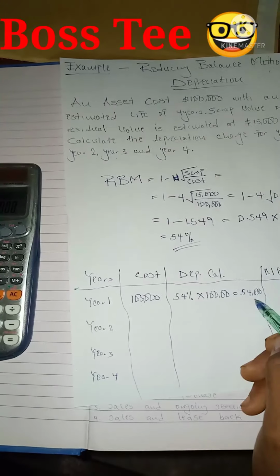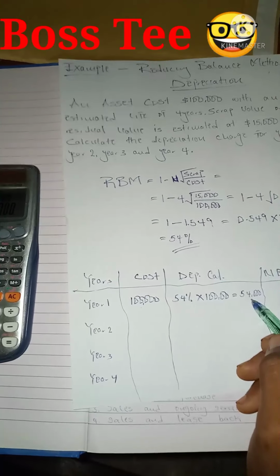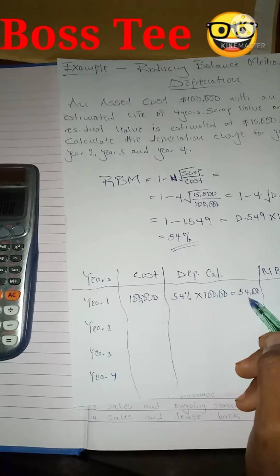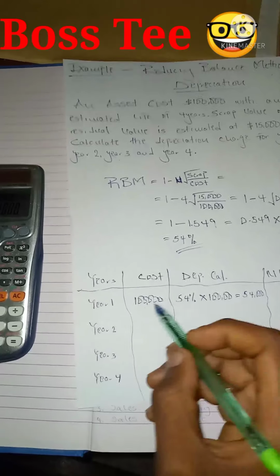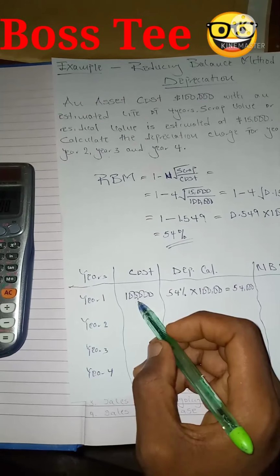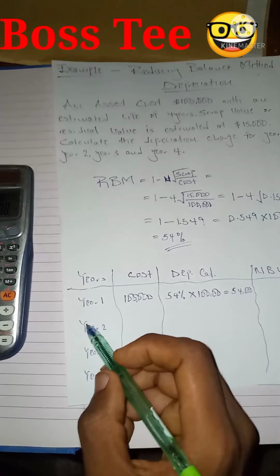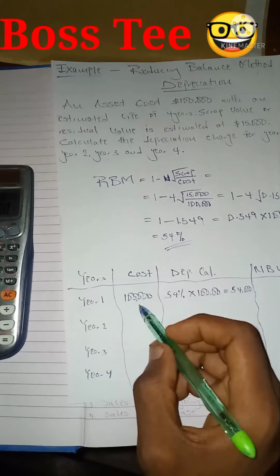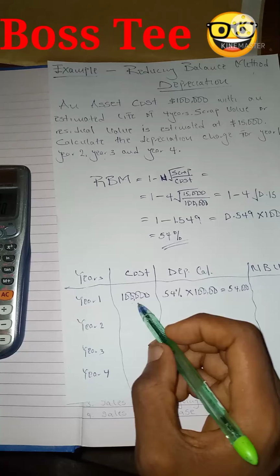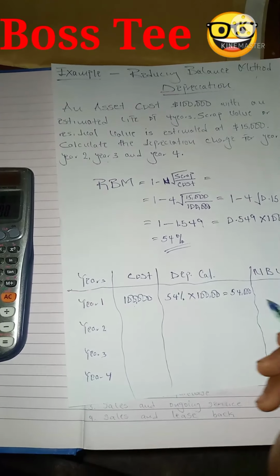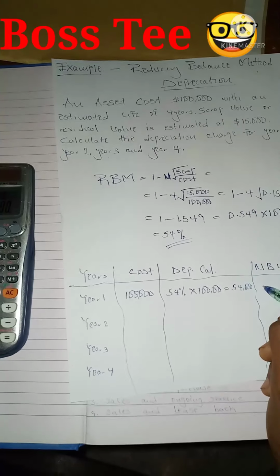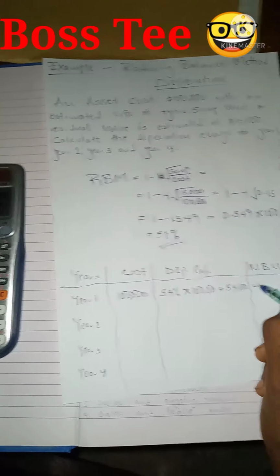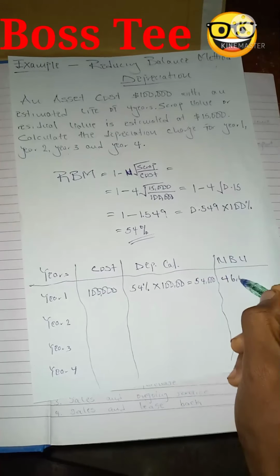Why? Because this was the depreciation charged for year one, and this was the cost. But after the usage in year one, its value reduced from 100,000 to 46,000.